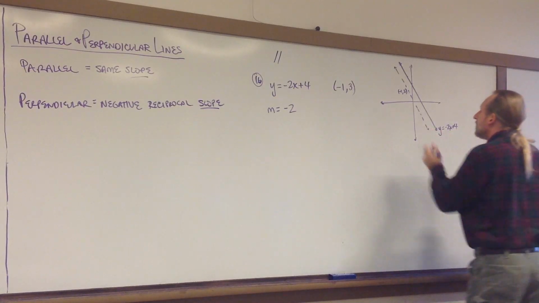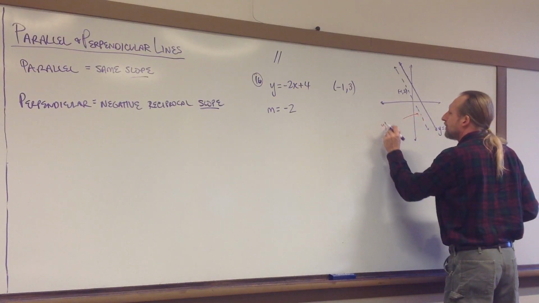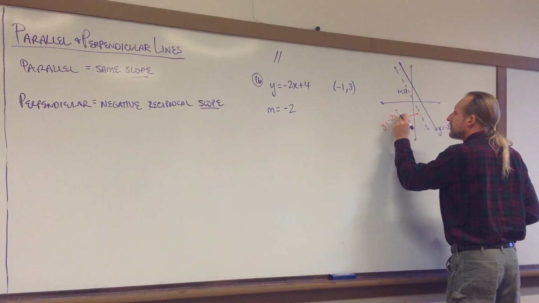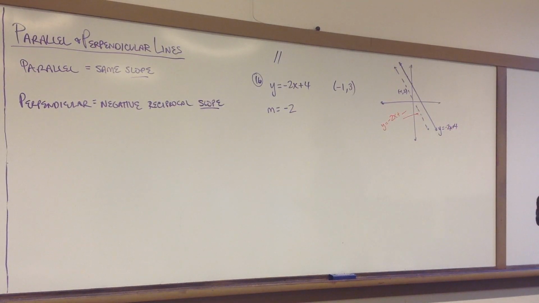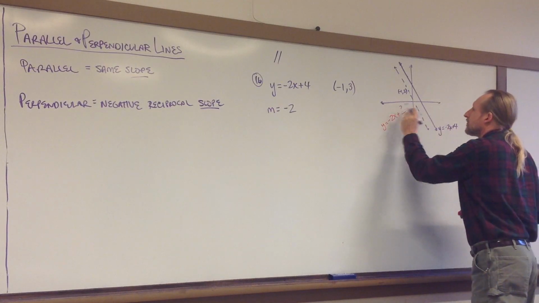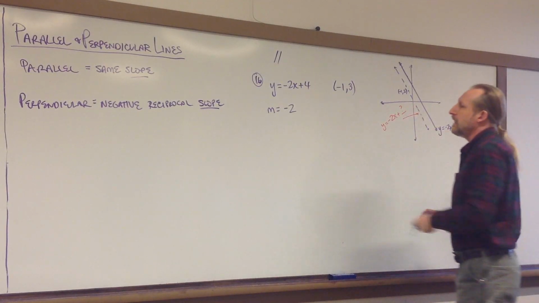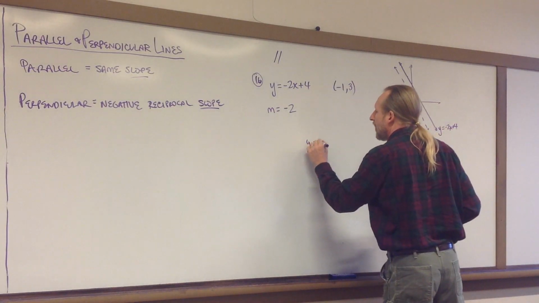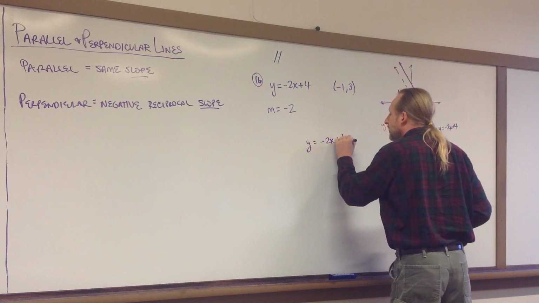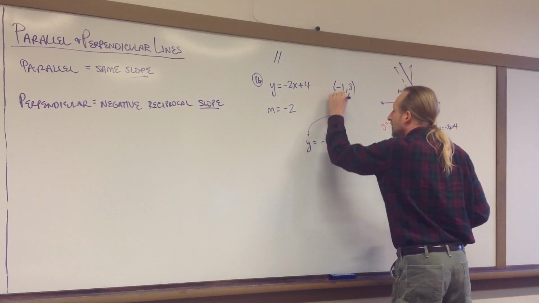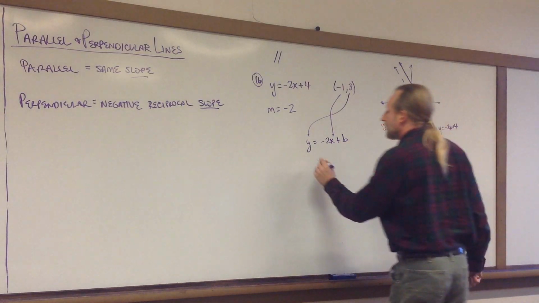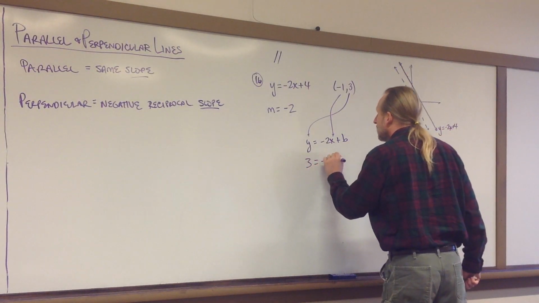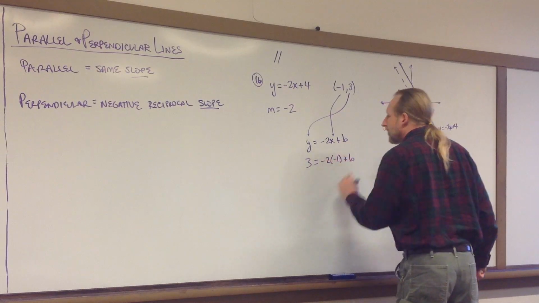Now this one is going to have a slope of negative 2. And we need to find out what is that y-intercept going to be. And the way to go about doing that is to set up our equation, y equals negative 2x plus b, and then plug these values for x and y into the equation. 3, negative 2 times negative 1 plus b.